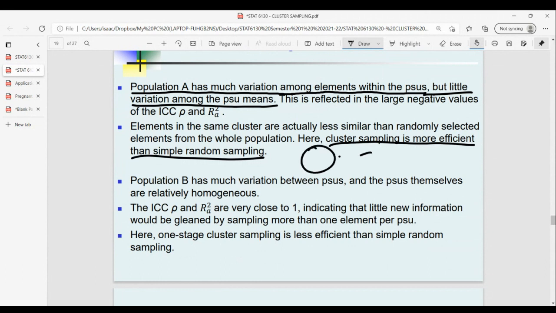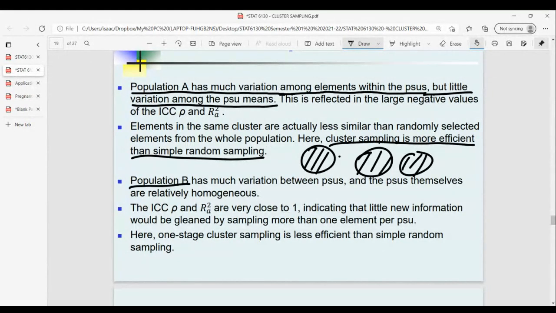A lot of variation within the clusters. So when you have a lot of variation within the clusters, remember the S_i squares were very large. What it means, it tells you that you should go with cluster sampling. And you could work out the ICC values and the R squared adjusted values to actually confirm that.